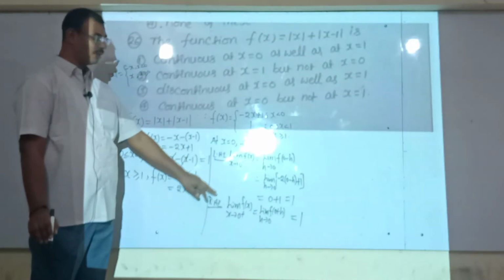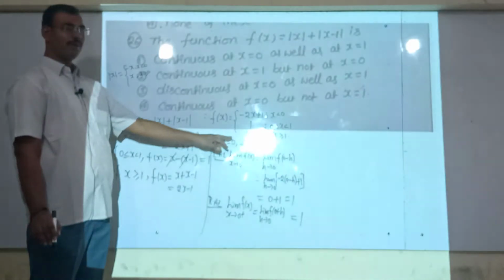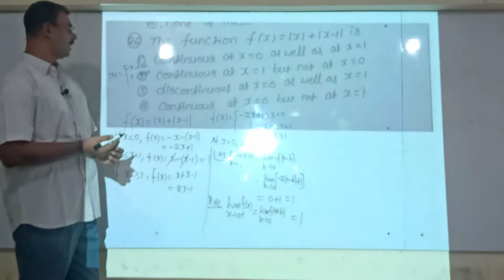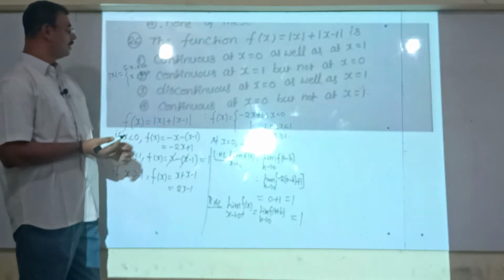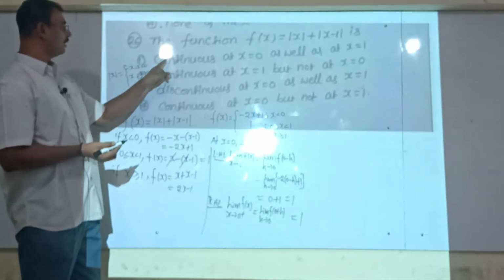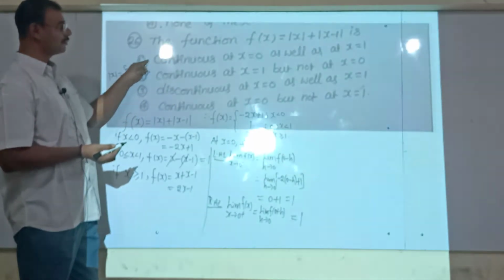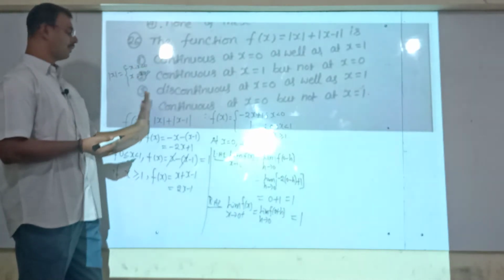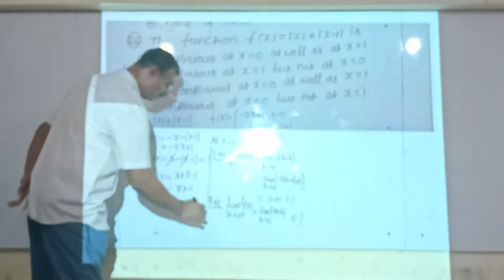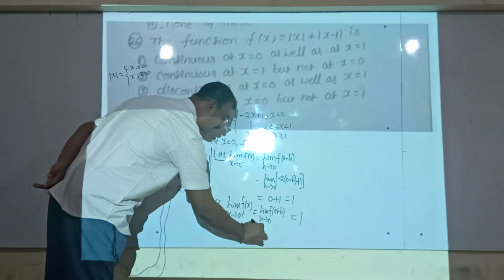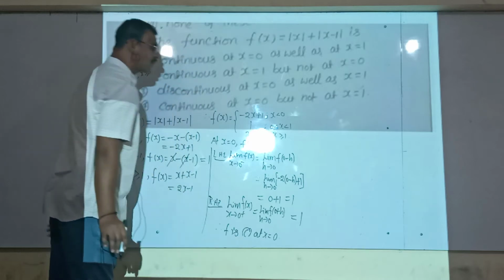Now we observe what? Left hand limit is equal to right hand limit is equal to f of 0 at x equal to 0. Hence f is continuous at x equal to 0. Now observe how many options are there. First option is there, fourth option is there. Maybe either the first one or the fourth one is correct. So f is continuous at x equal to 0.